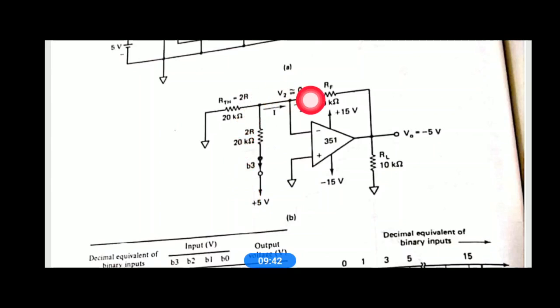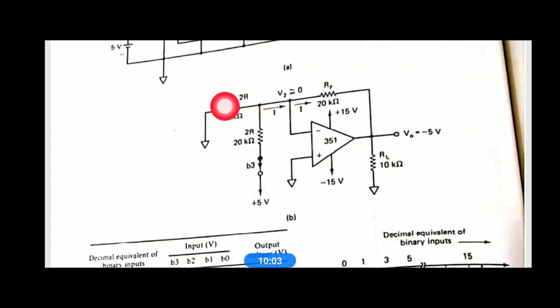Since the input is plus 5 volt here, this inverting amplifier has a gain of minus RF by 2R, multiplied by the input plus 5 volt.